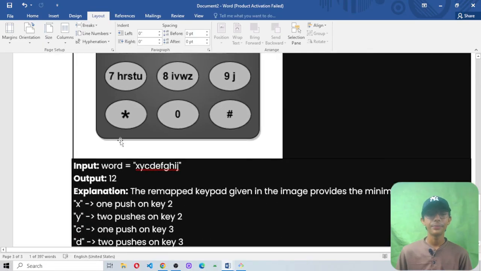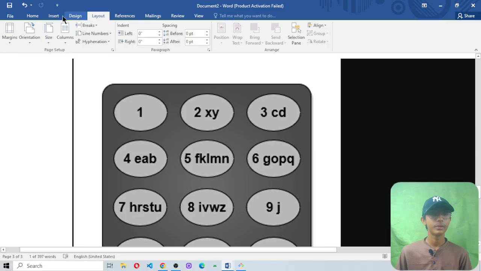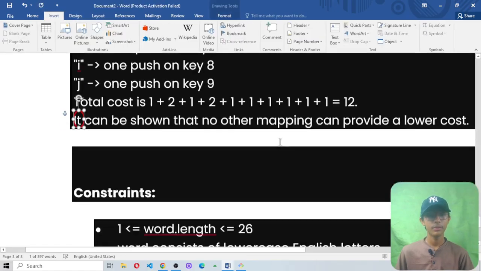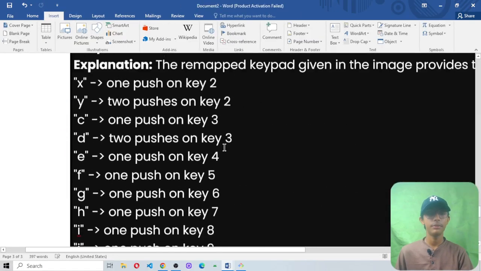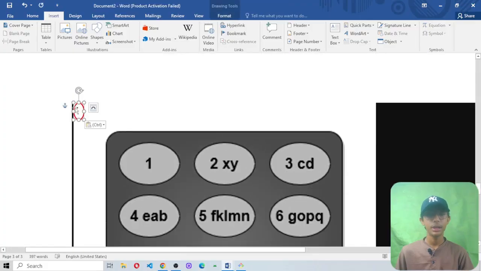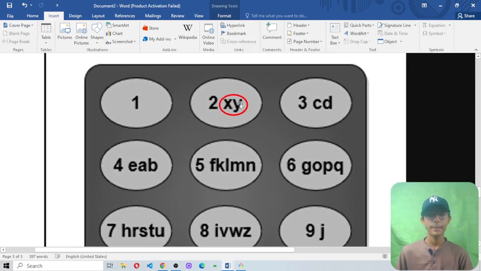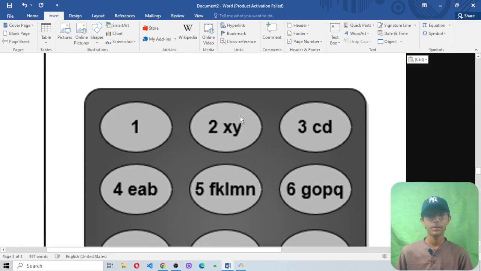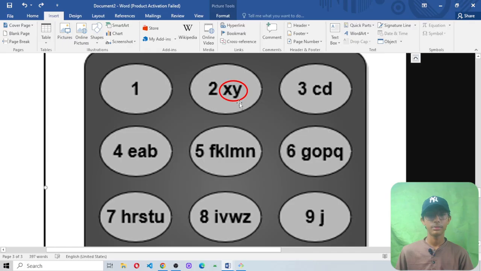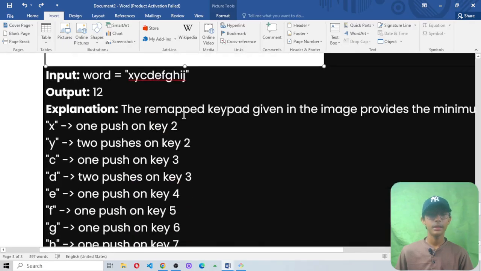If you see here, X and Y, so there are the two, it is 2 XY.